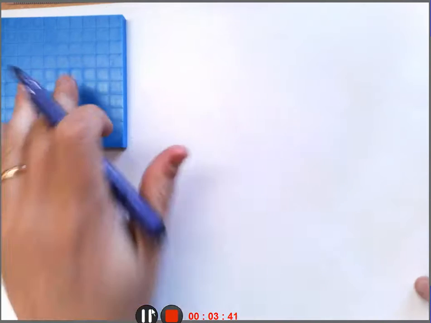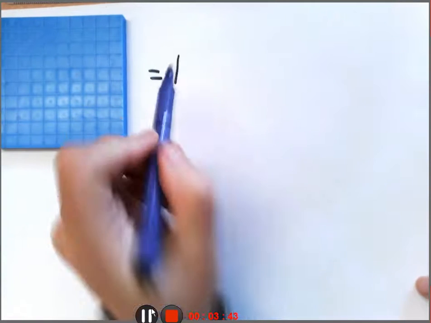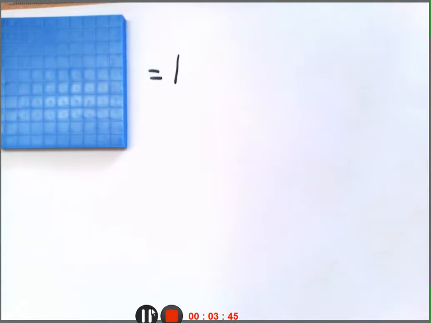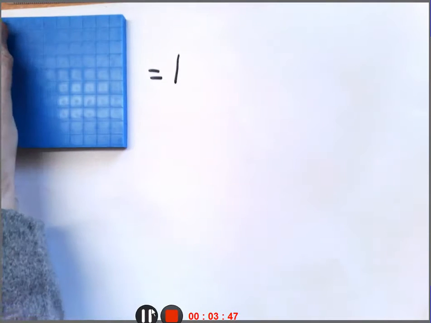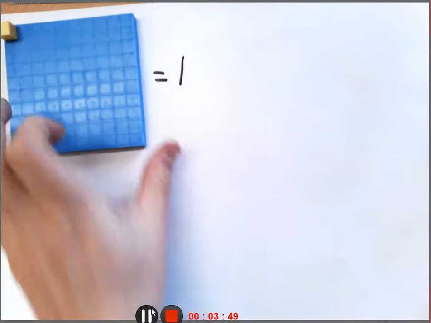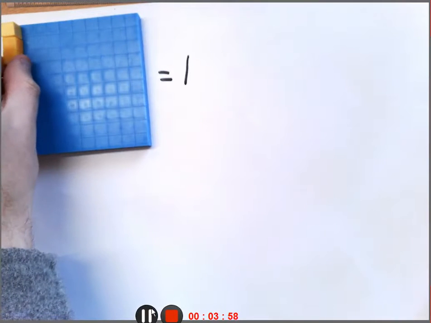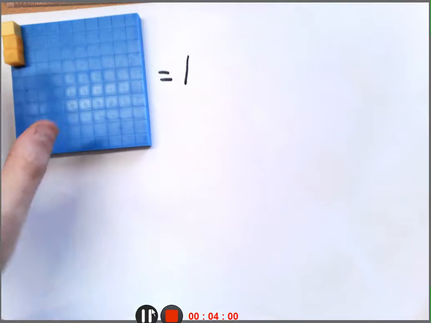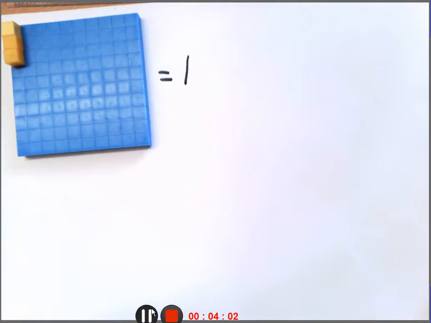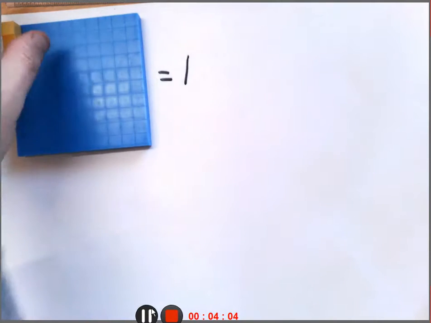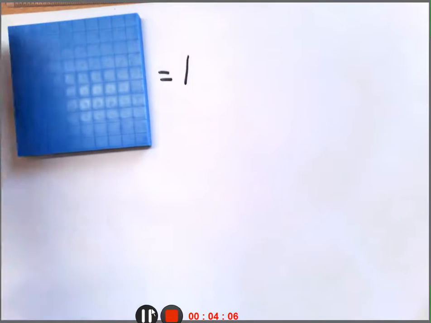So here I still have my 1 whole, but this time I have got a part which is much smaller than my tenth. Here I've got these parts that are worth 1/100, because if I carried on and put these pieces on here, I would need 100 of them to cover the same area as this 1 whole.